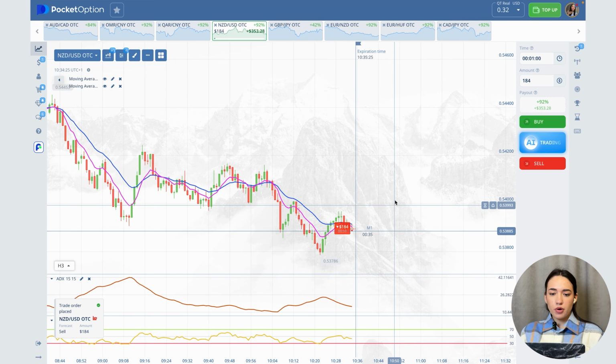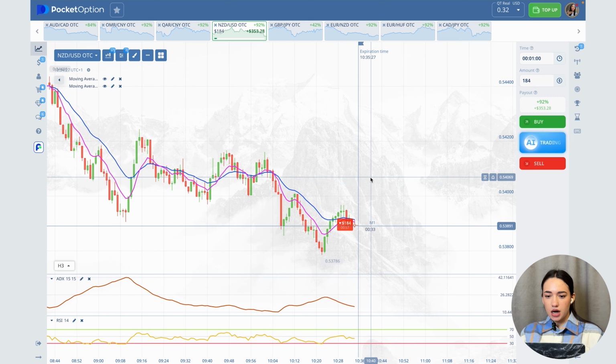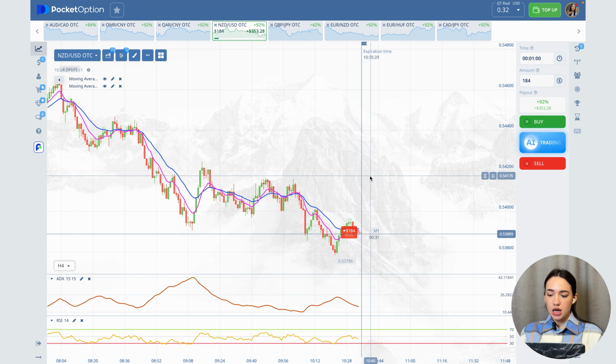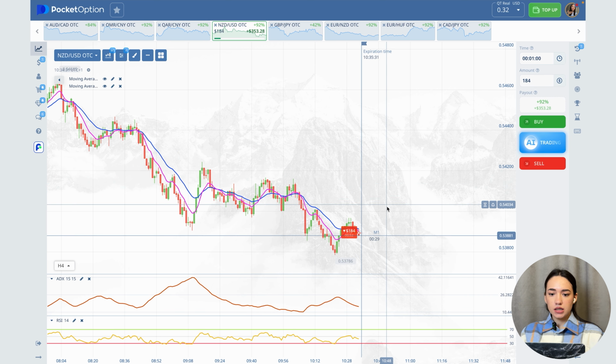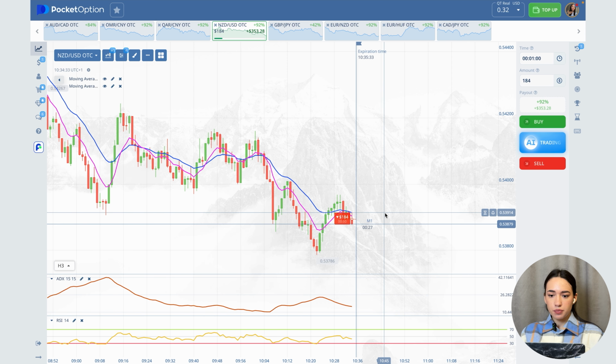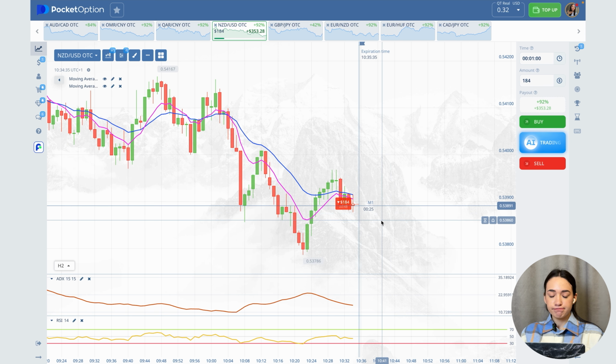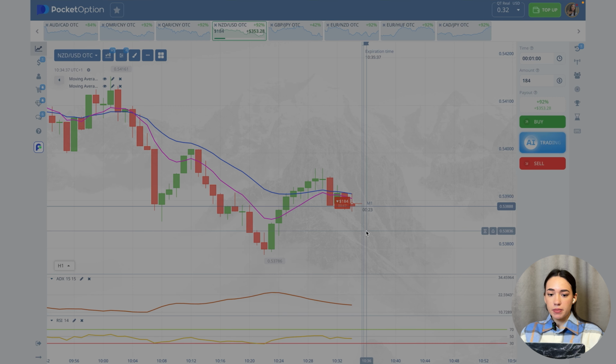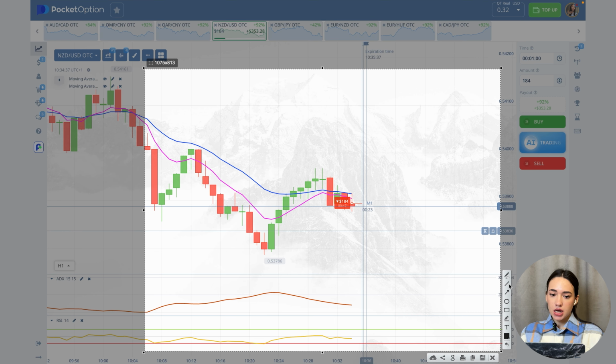And now here I'm opening a sell trade following the trend. After a pullback, we saw a pretty solid pullback right here, but the bearish momentum has returned, and there is almost a crossover happening from above downward on the moving average.